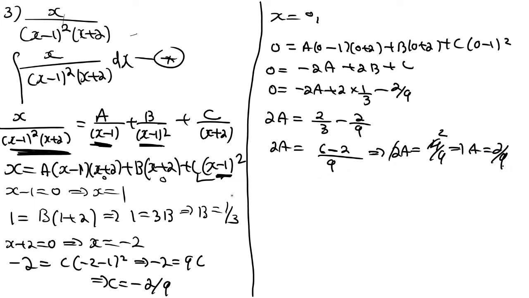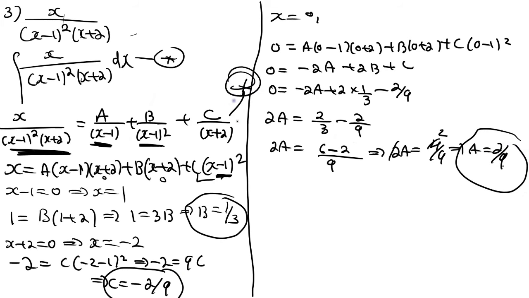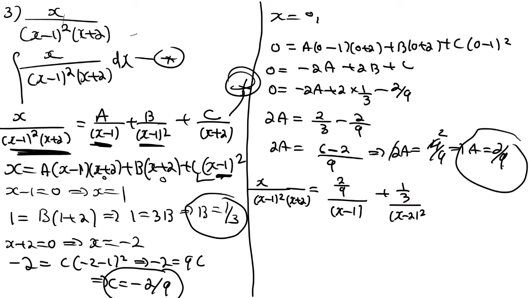Now see, we have the B value, C value as well as the A value. Substitute in equation star. So x divided by (x minus 1) whole square into (x plus 2) is equal to A, that is 2 by 9 divided by (x minus 1), plus the B value, 1 by 3 divided by (x minus 1) whole square, plus the C value, minus 2 by 9 divided by the last term (x plus 2).